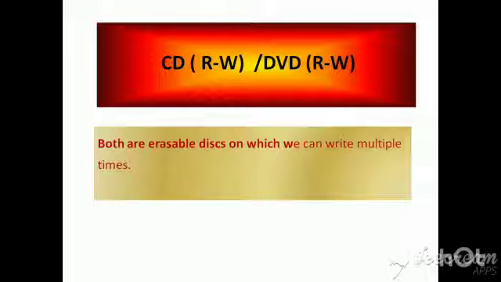CD rewritable and DVD rewritable mean that both are erasable disks on which we can write multiple times. On the other hand, CD-R and DVD-R mean that we cannot write more than one time. That is the difference between CD-R and CD-RW.